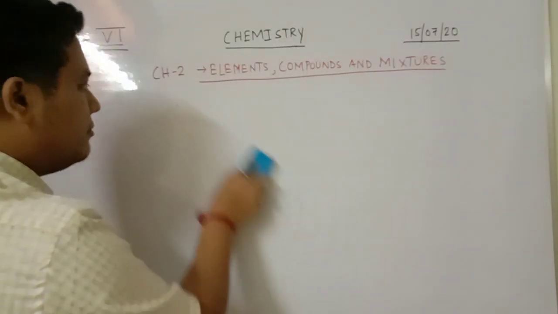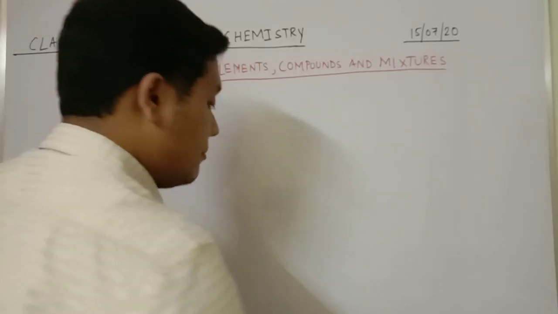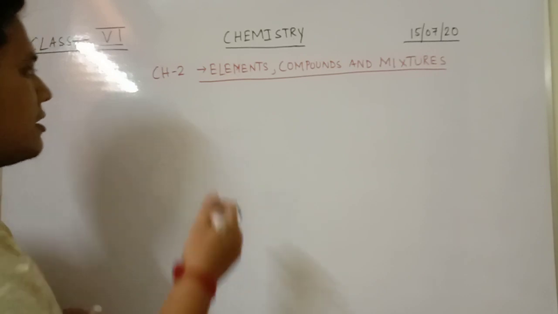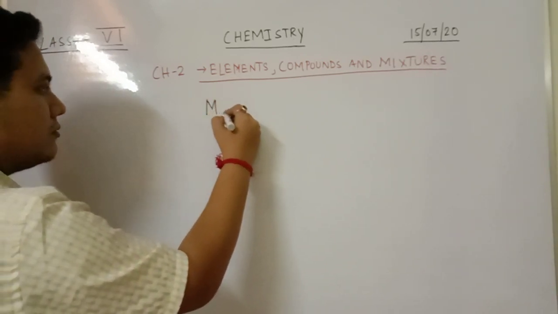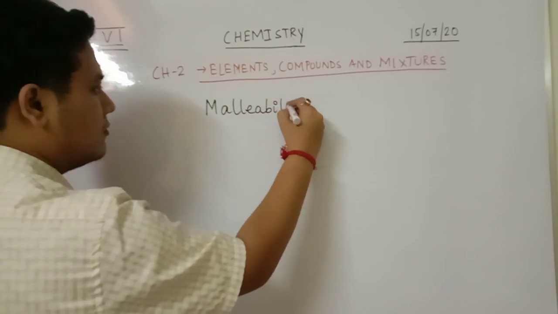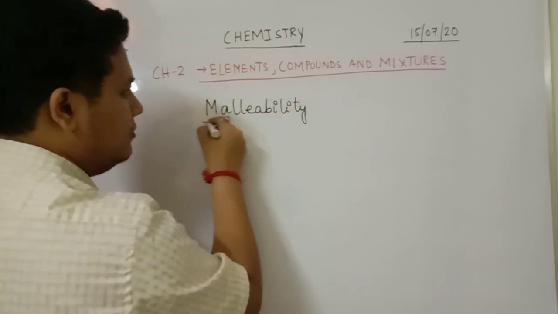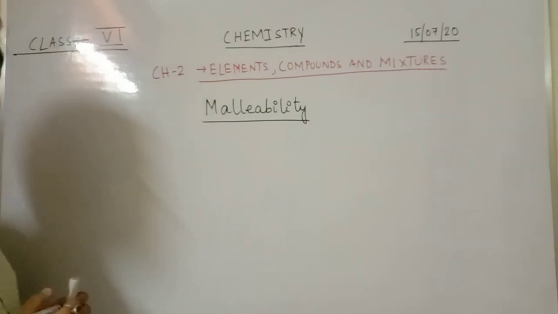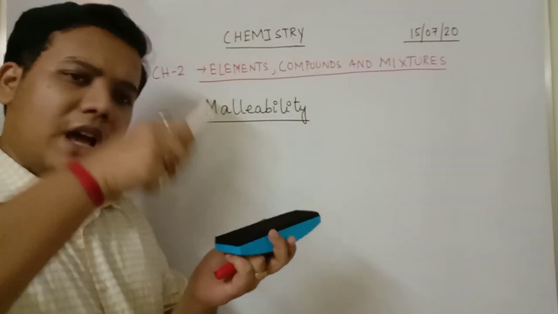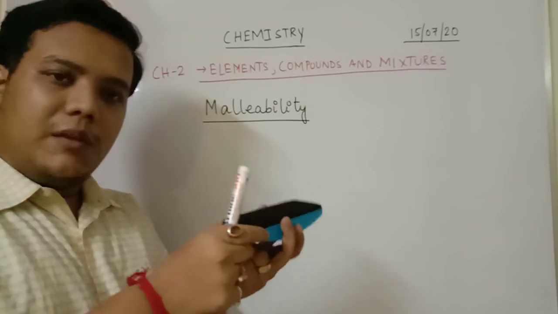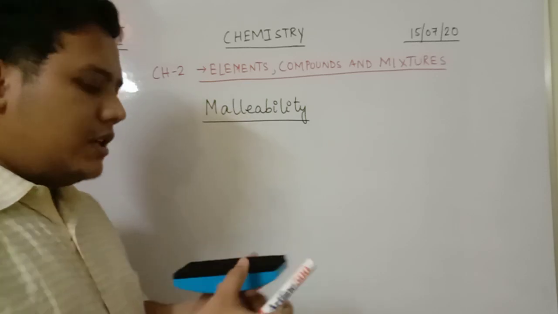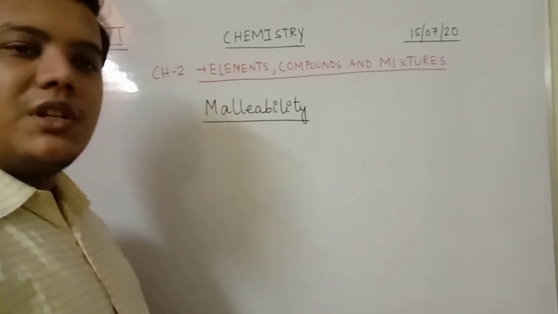Next we are coming to the property malleability. Malleability means if you continuously hammer an element with a hammer, it will try to become a sheet of paper.